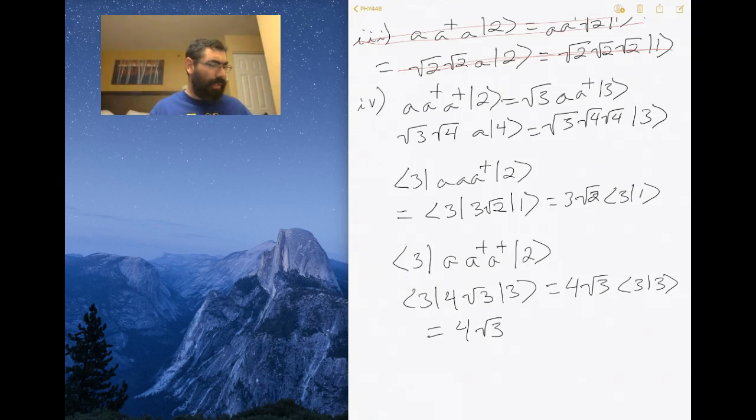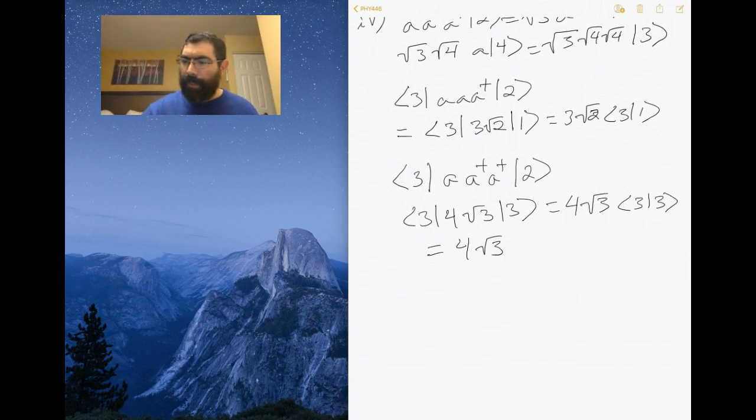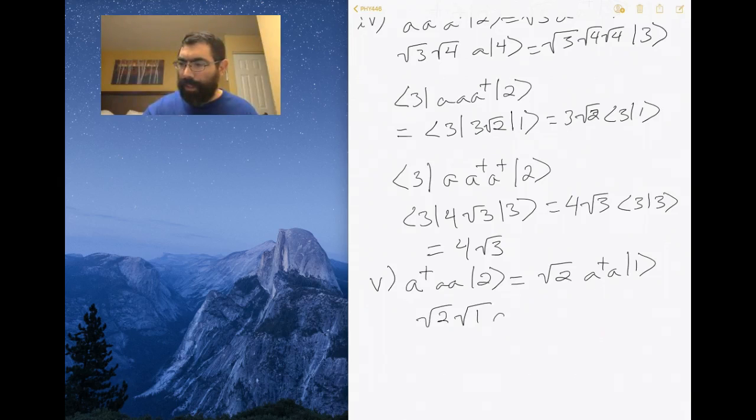Okay, so now if I look at my other states, the fifth term was A dagger A operating on the second state. So that would give me square root of 2, A dagger A, drop down to 1. Square root of 2, square root of 1, A dagger on the ground state.